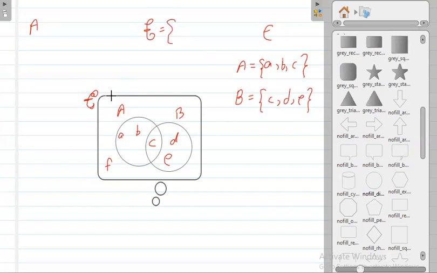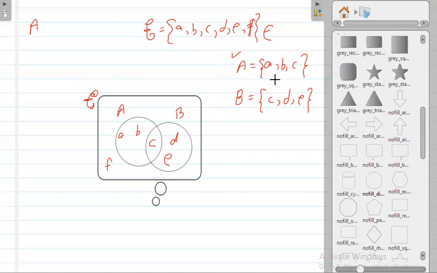It means whatever is coming inside this rectangle, without repeating, you will write them: A, B, C, D, E, F. These are the elements of the universal set in this Venn diagram. So if it is written in this form, you can write in this form, and if it is in this form, you can write it this way.